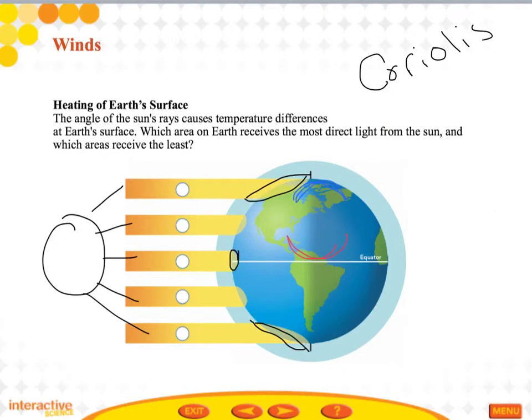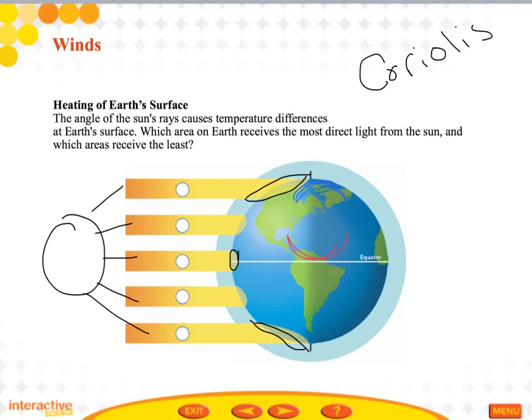If our Earth did not rotate, if it was just sitting there, then these global winds would just blow in a straight line across the Earth from the poles towards the equator. But because our Earth rotates, they don't follow a straight path. Instead, they curve. The winds curve around our Earth.